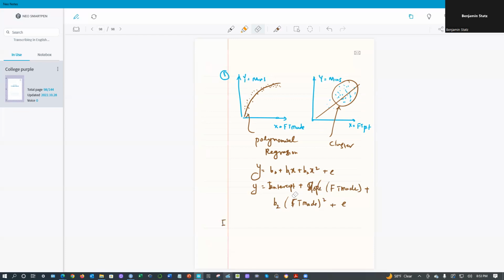Or in R, how do you do this? You can say poly model, lm, y as a function of FT made plus FT made squared.